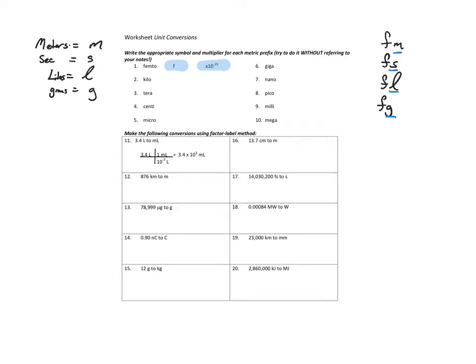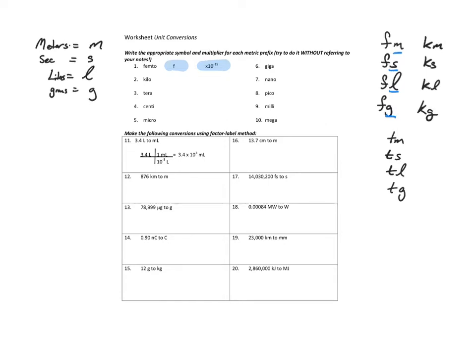By the way, you could have a kilometer. You could have a kilosecond, theoretically. You have a kiloliter, you have a kilogram. So kilo means what? Times 10 to the 3. You can have a terameter, a terasecond, a teraliter, and a teragram.